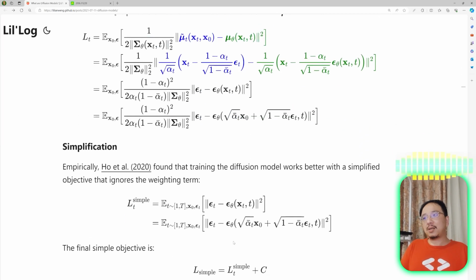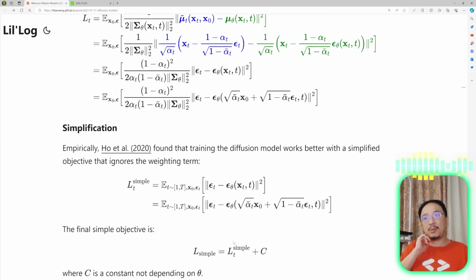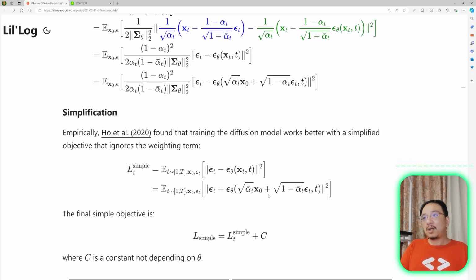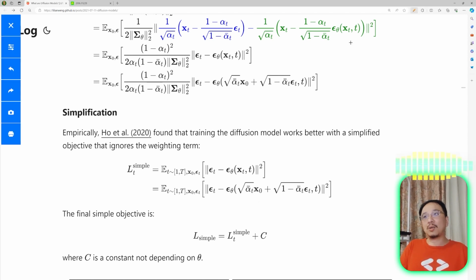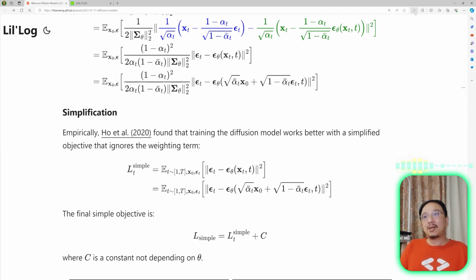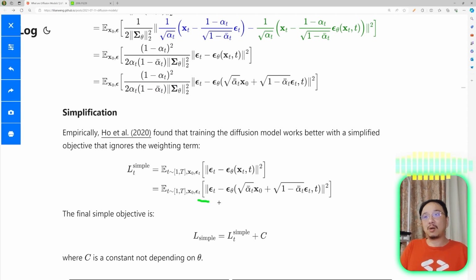However, in a paper, I think it's the DDPM paper, it further simplified the objective, ignored the weight totally, and argued that it converges better. So if we remove this term, then it simply becomes the mean square error. That's why, if you see the code of Stable Diffusion or other diffusion models, it looks like it simply computes the mean square error.